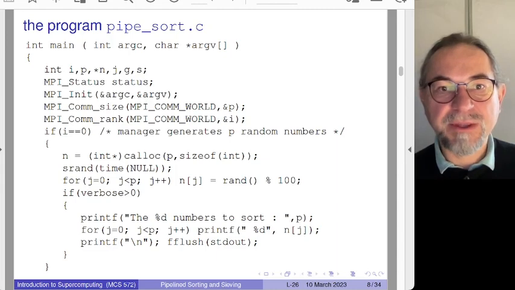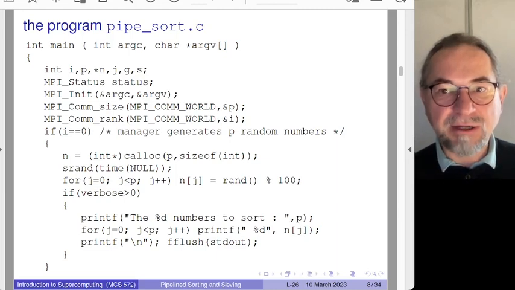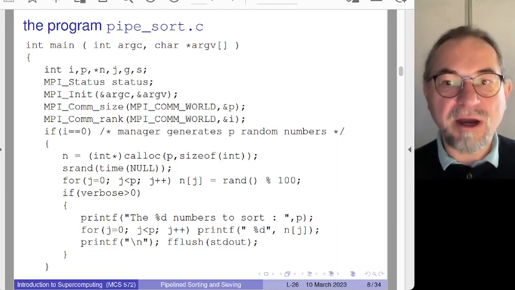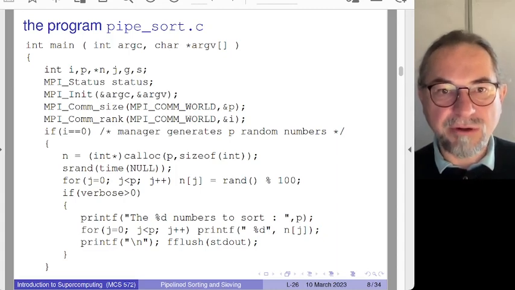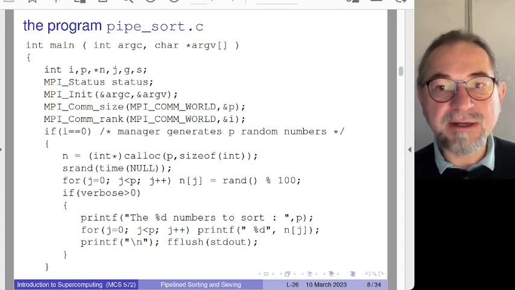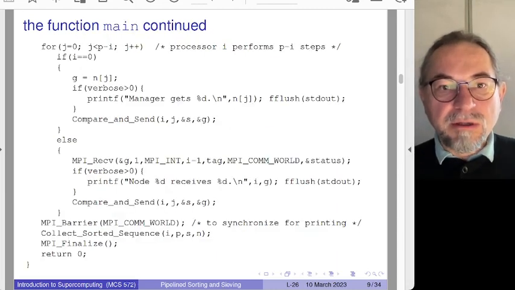So the N is preceded by a star in the declaration because it is a reference to a sequence of numbers. But that N can only be accessed when the identification number is 0. The G and the S are variable names of numbers, and they are used by the workers and also by the manager.